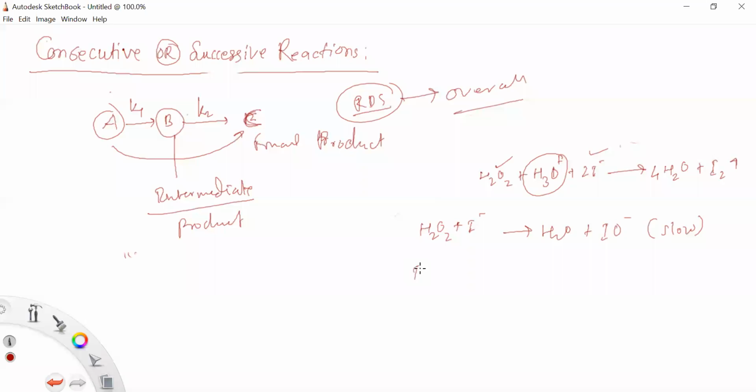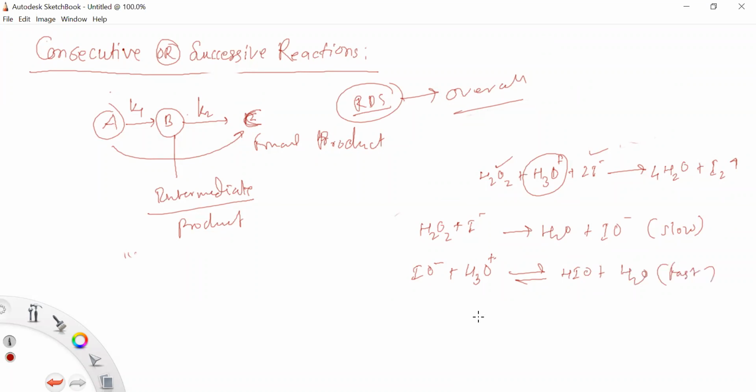Then this product reacts in the presence of H plus ions in the solution, and gives the product HIO plus H2O. This is a very fast process.